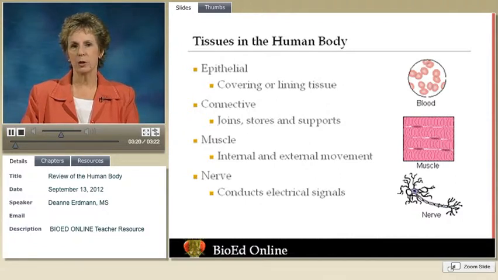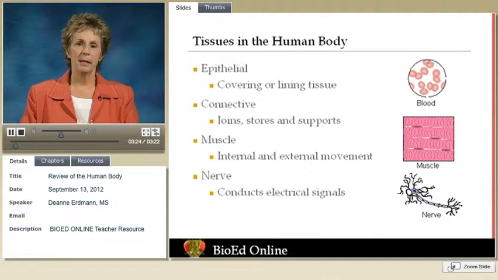We call this extracellular material the matrix. In the case of blood, the cells float in a matrix that is fluid. In the case of cartilage, it's a collagen-based matrix that's somewhat flexible. And in the case of bone, it's a hard calcified matrix. So while the tissues seem very different, they still have a similar type of construction.